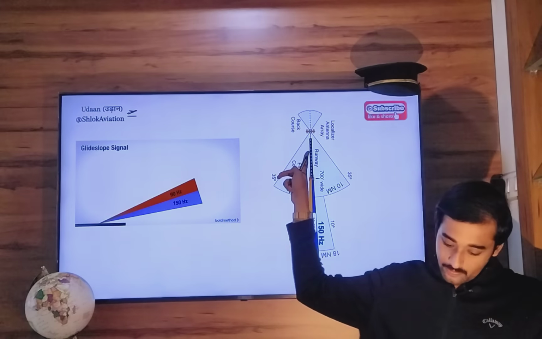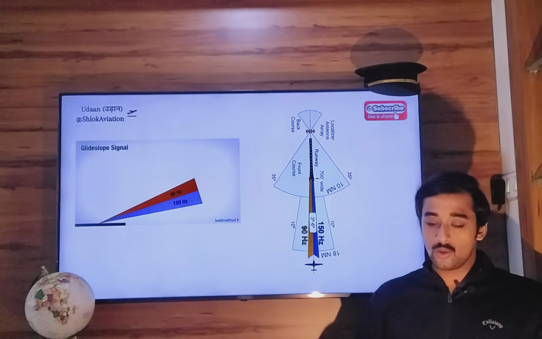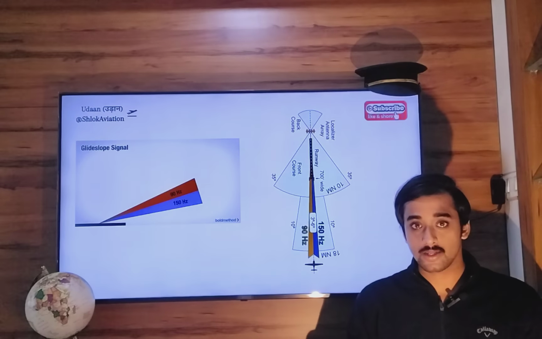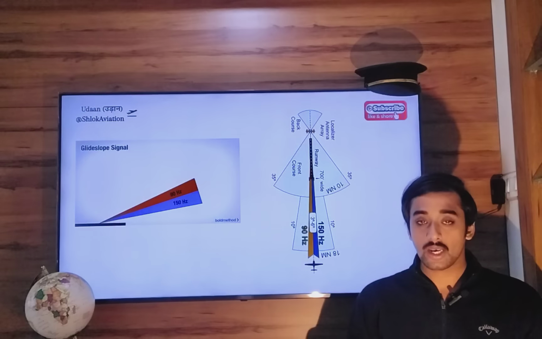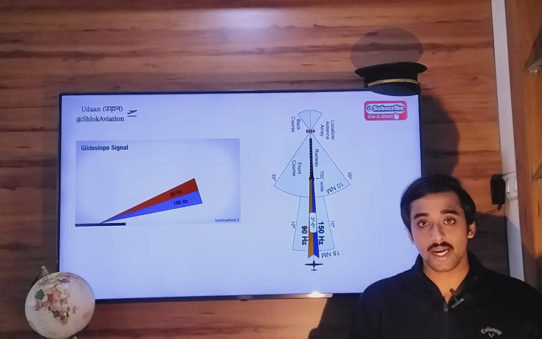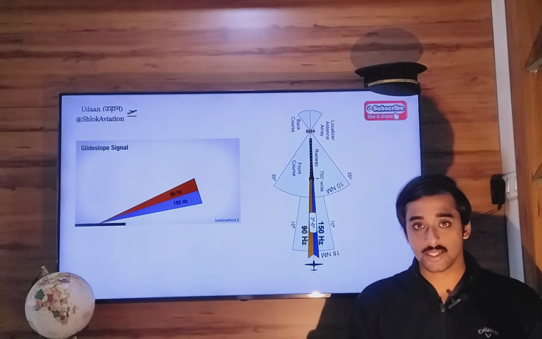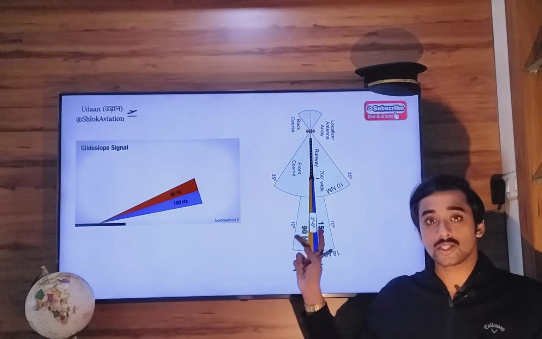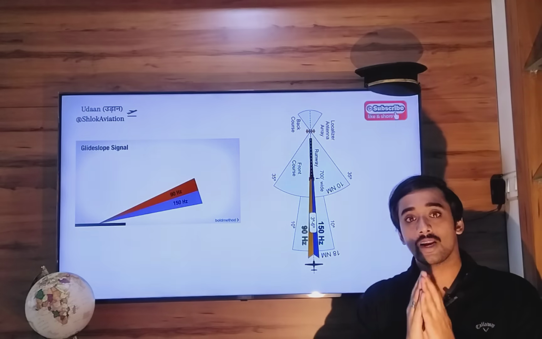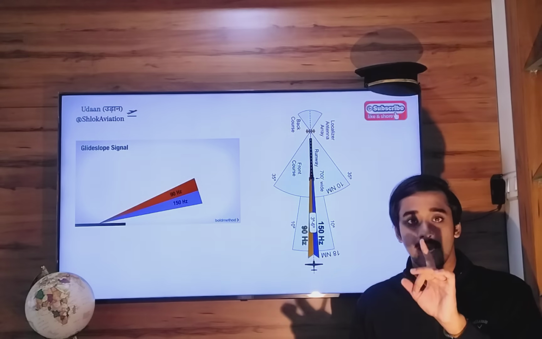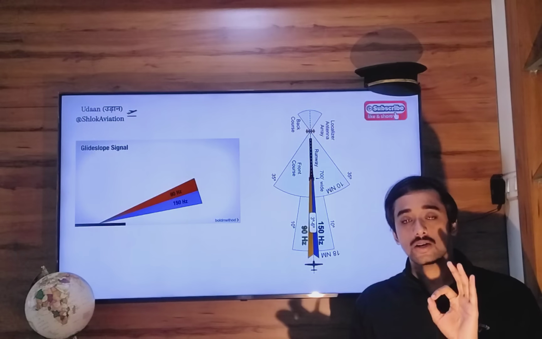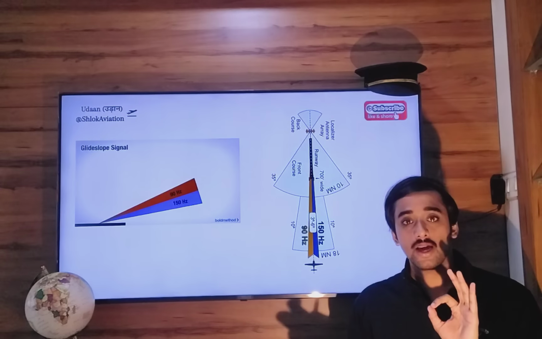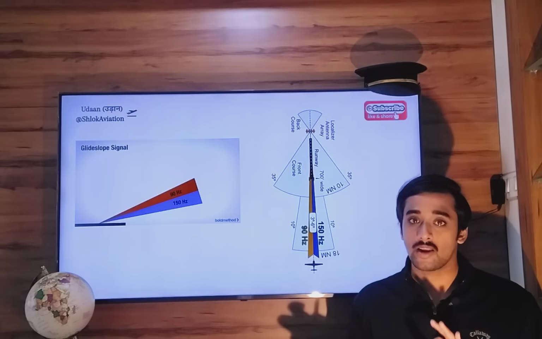This is the runway. Okay, and you have two radiating patterns, 90 Hz to the left hand side, 150 Hz to the right hand side. Now when you are flying right in the center of these two radiating patterns, in the overlapping region of these two radiating patterns, that means you are flying along the extended center line of the runway.